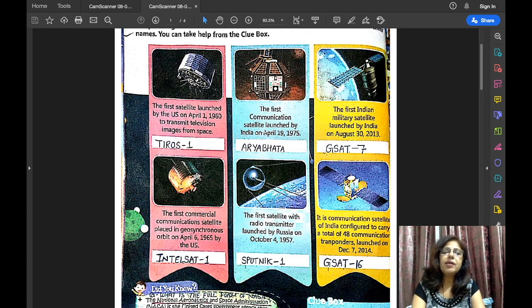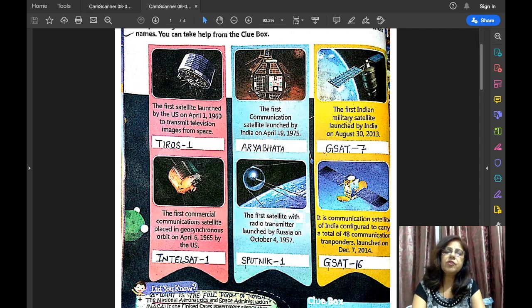The next one is Aryabhatta, the first communication satellite launched by India on April 19, 1975. So Aryabhatta was launched by India on April 19, 1975. It was the first communication satellite that was launched by India.